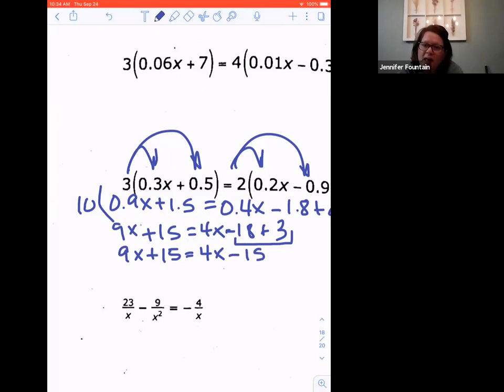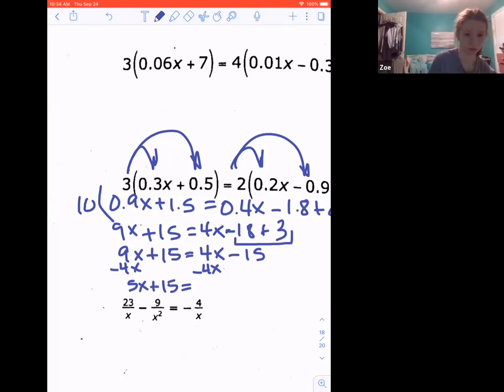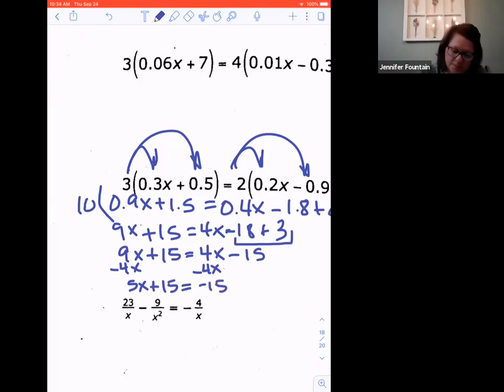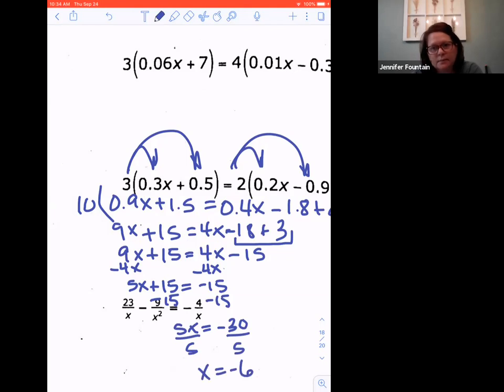I want to move my x terms to the left-hand side, so I'm going to subtract 4x from each side. 9x minus 4x is 5x plus 15 is equal to negative 15. Now on the left-hand side, I'm going to subtract 15 from each side. So I have 5x is equal to negative 15 minus 15, which is negative 30. Divide by 5, divide by 5, x is equal to negative 6.